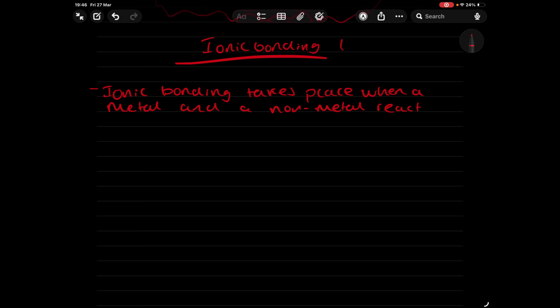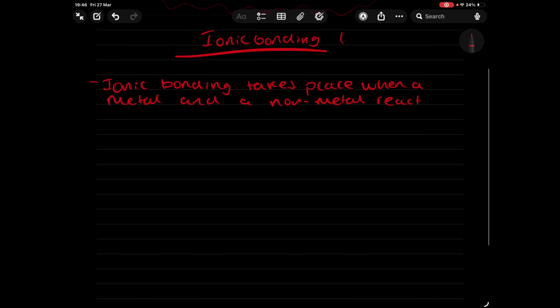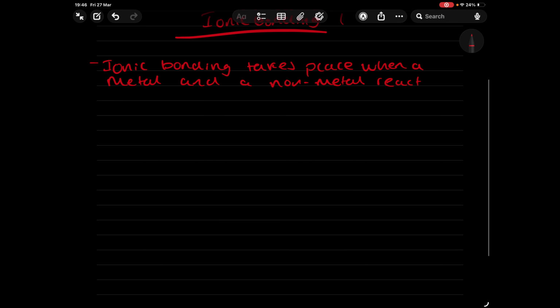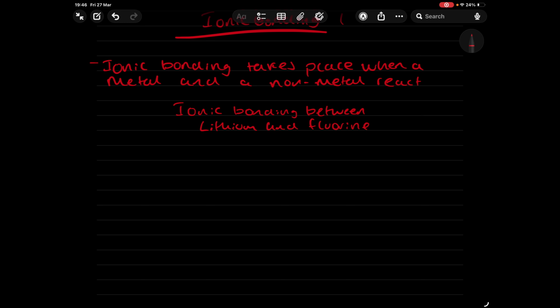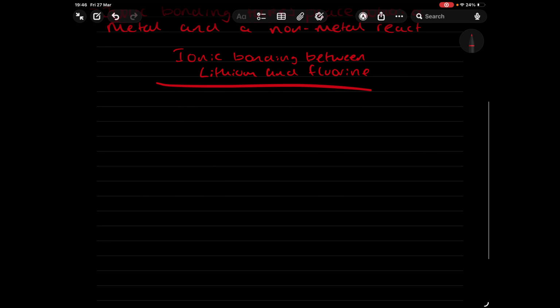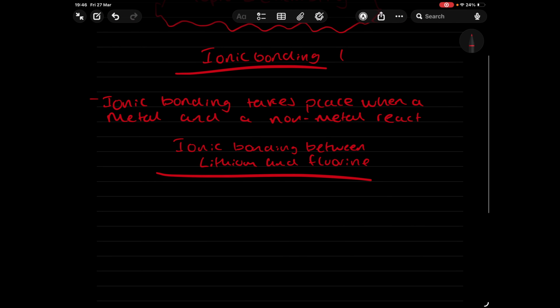So we'll be looking at the ionic bonding between lithium and fluorine. As you guys know, ionic bonding takes place when a metal and a non-metal react.